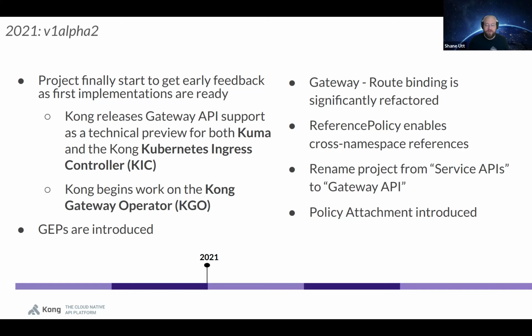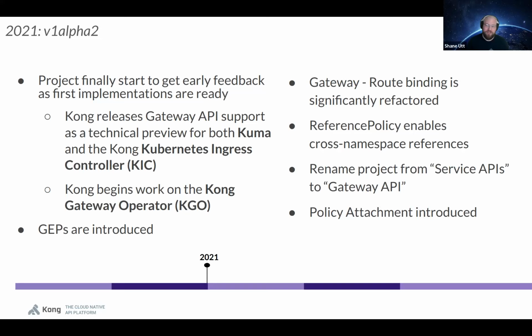Reference policy was created. This has been renamed, but this is how we solved that ingress problem I talked about, where in ingress, you couldn't really express that you didn't want an ingress resource from one namespace reaching a service in another namespace. That could potentially be a not good thing. So we have reference policy. It's actually reference grant now, basically for granting that access.